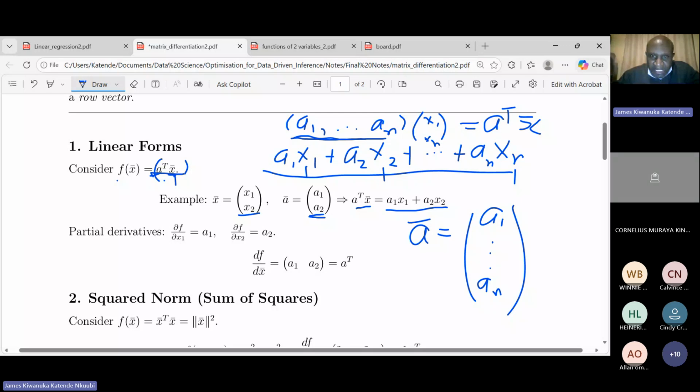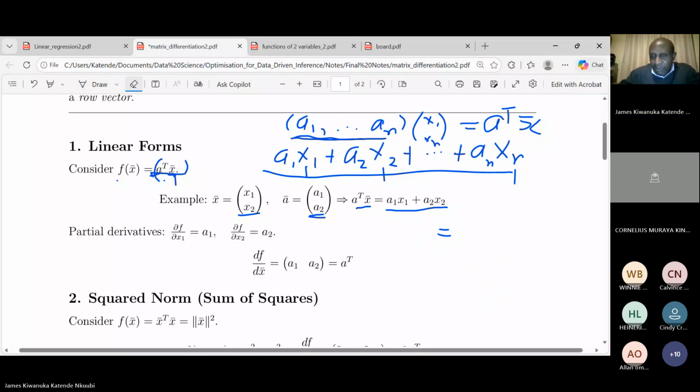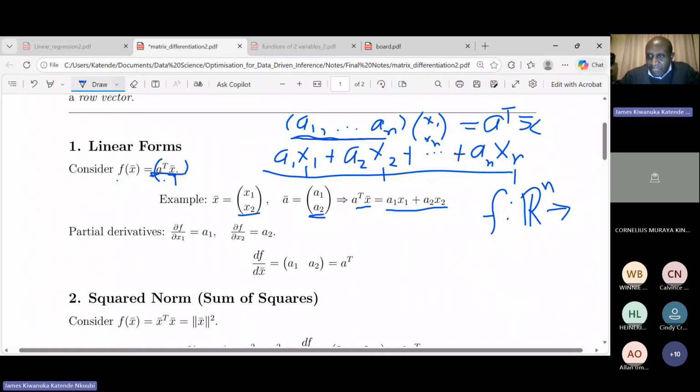So now you can think of it as a function. In this first example, it is actually a function of this form. It picks n variables, x1 up to xn, and once you compute this, you just get a number. So it's a function that picks n numbers and produces exactly one number.